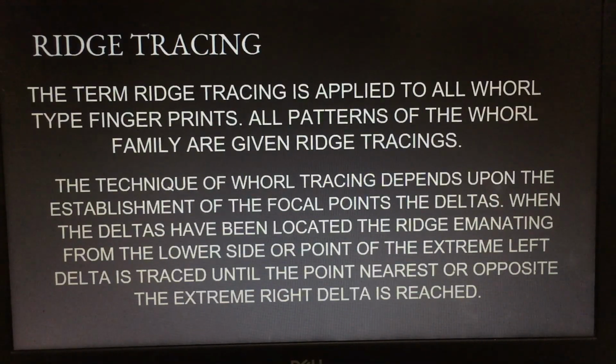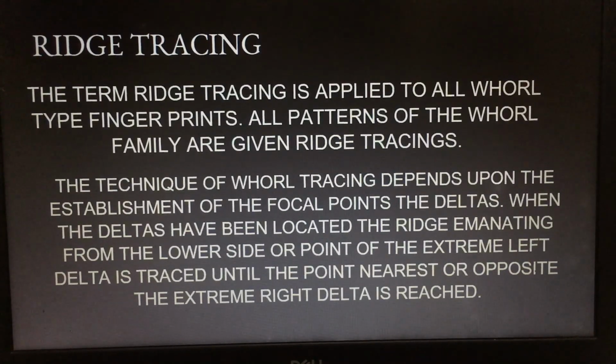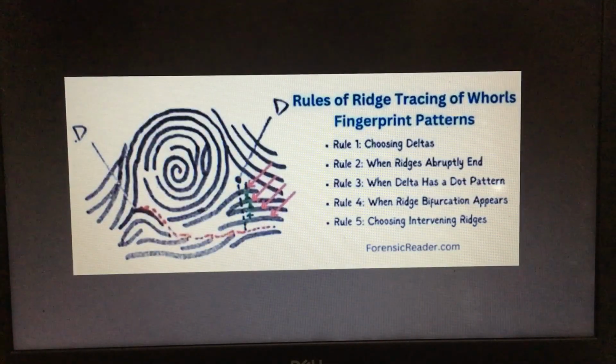So, what is ridge tracing? Ridge tracing is the process of tracing the ridge that emanates from the lower side of the left delta toward the right delta to see where it flows in relation to the right delta. The boundaries for ridge tracing in whirls are the two deltas, instead of the core and delta as used in loop ridge counting. So I have here an example picture.